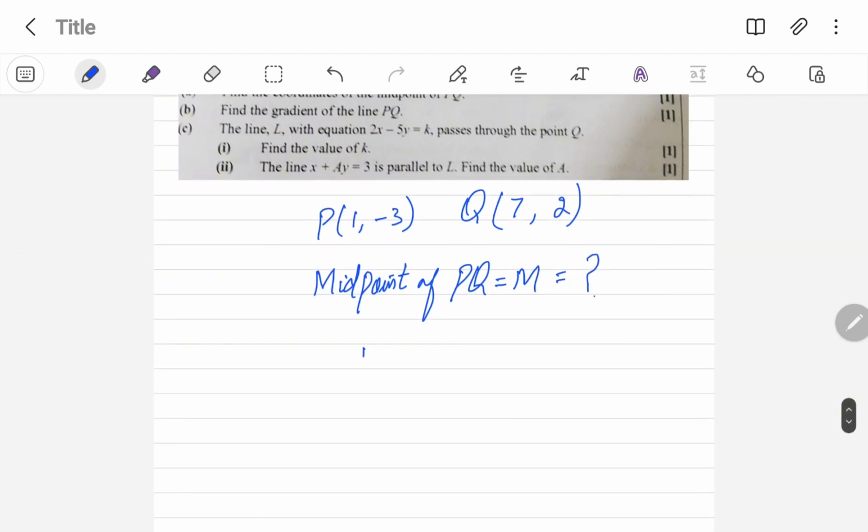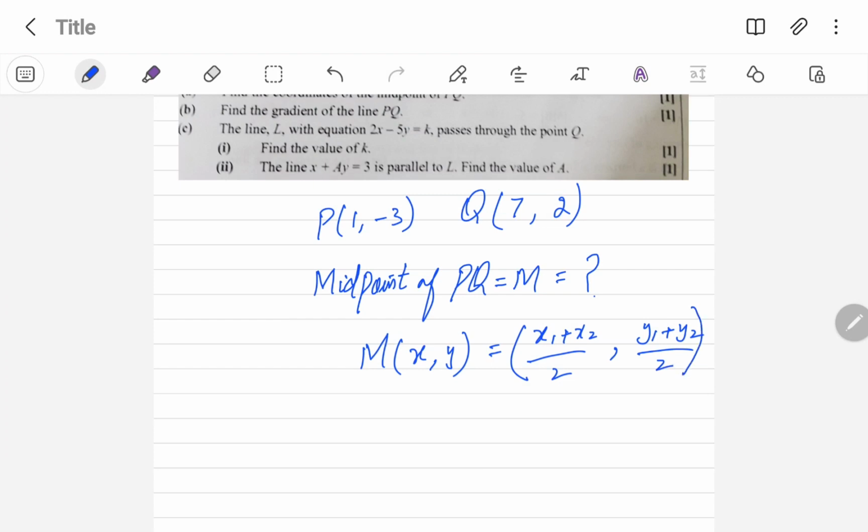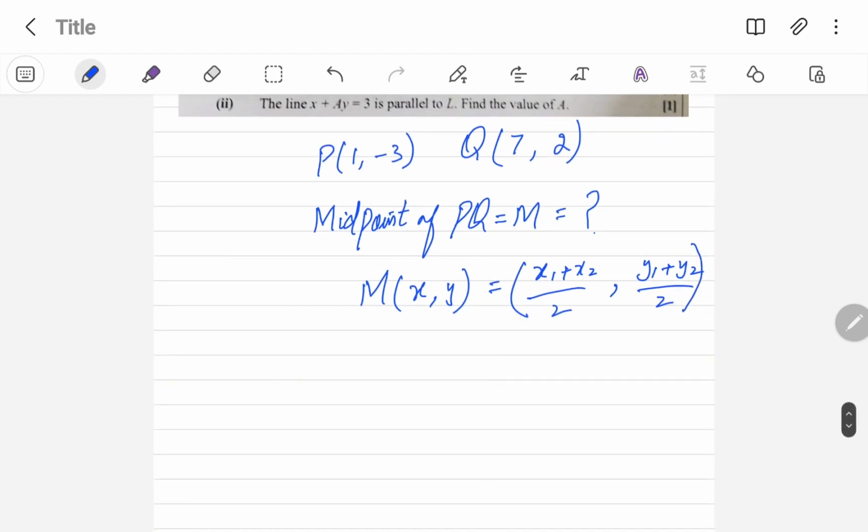It has the formula: midpoint (x, y) is equal to ((x1 plus x2) whole divided by 2, (y1 plus y2) divided by 2). Now this is the x1, this is the y1, this is x2 and this is y2.